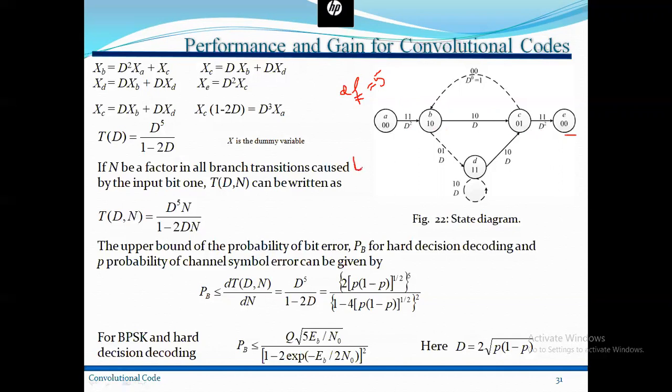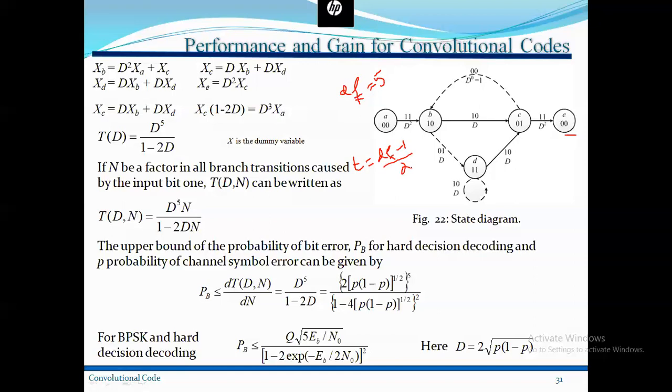So again, the convolution code has linearity, and we have the property of d min replaced by df, and that is df minus 1 by 2.